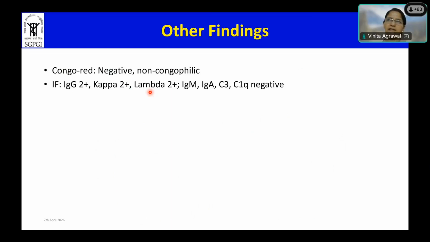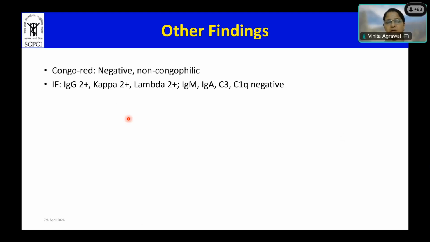So what are the other conditions in which you have this type of deposition? Polyclonal IgG deposition. It is polyclonal, but what is the disease known as?